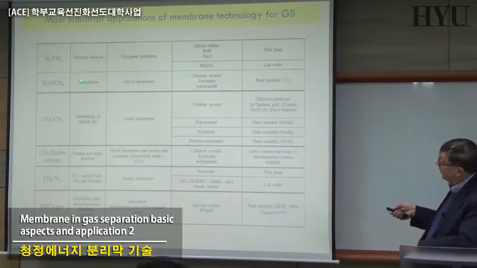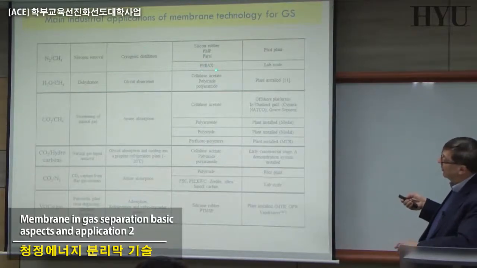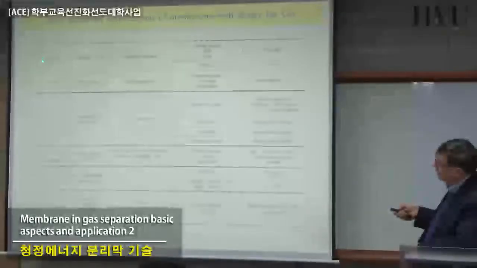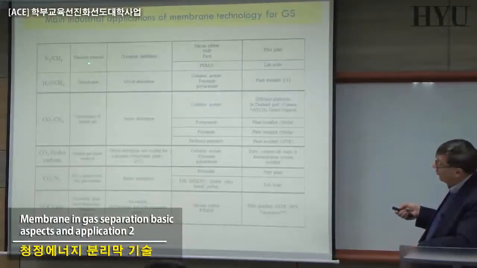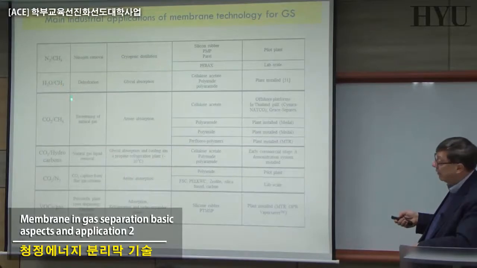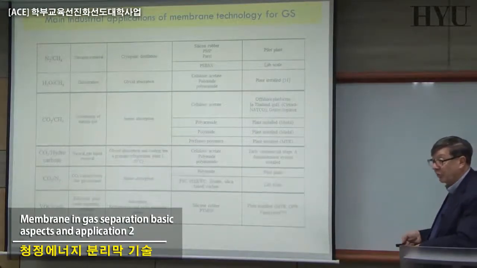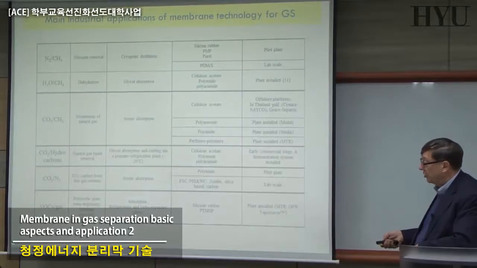A lot of other separations are less industrialized, but nitrogen methane is quite interesting for the removal of nitrogen from methane gas, competing with cryogenic distillation. And the dehydration of gas, and CO2 methane, that's another interesting one, and CO2 nitrogen, which is the one we have been discussing for carbon capture, and there's more and more discussion on this.